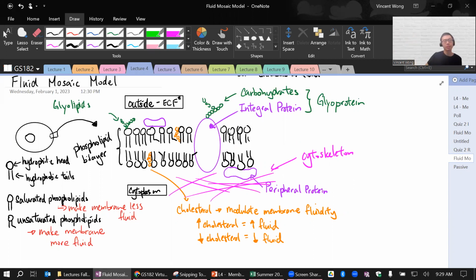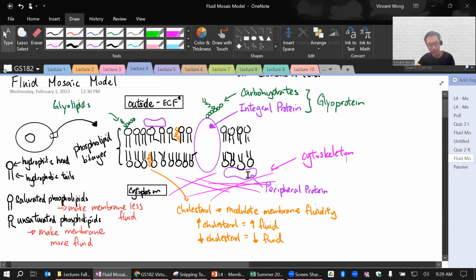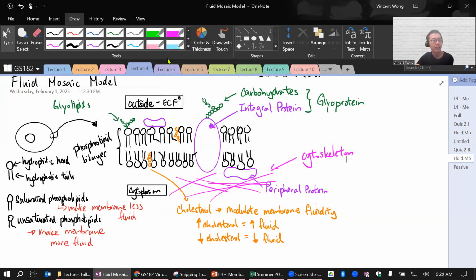You need to anchor them to the floor. Otherwise, the wind will blow it away. So these are anchorage points that allow the membrane to stick. Okay, that's pretty much it for now. Take a picture if you need to. Do a screenshot. Whatever you need. Right? That's the complete picture.